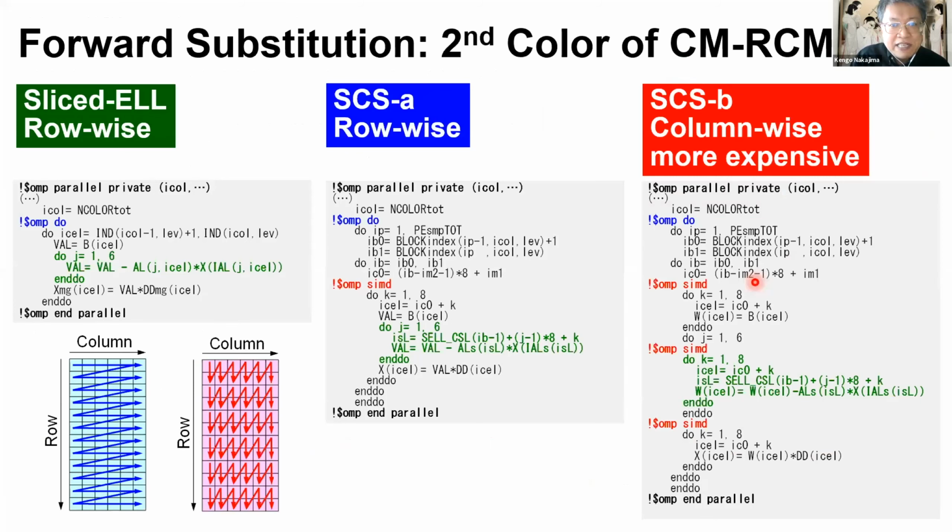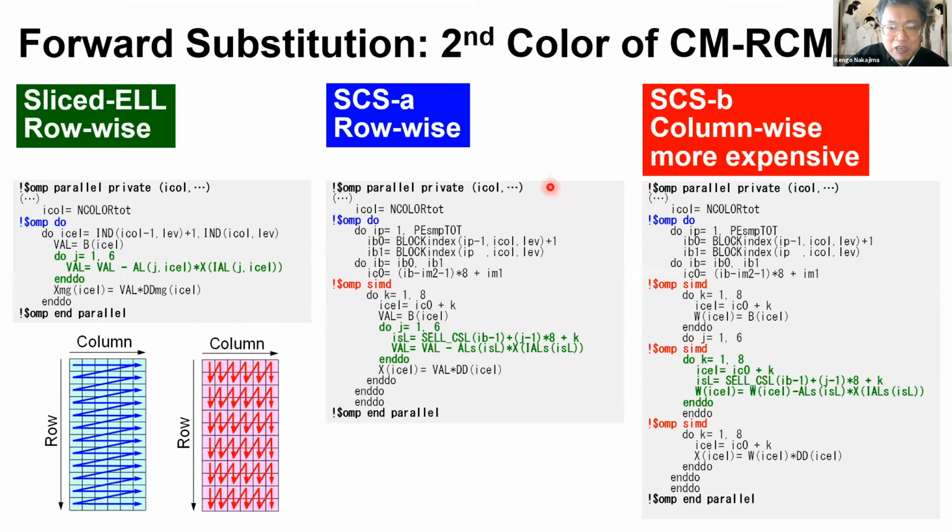These are the 3 types of implementations for the sliced ELL: the original code and the 2 types of SELL-C-sigma. Type A is row-wise, meaning we do the computation in row-wise fashion. SCS-B has column-wise innermost loops, which is very typical for vector computation.